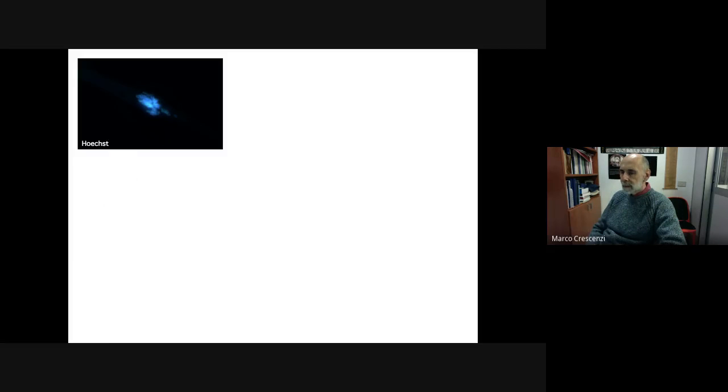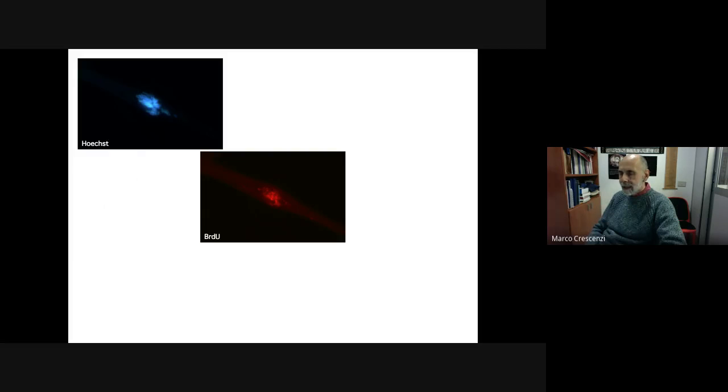This myotube has been incubated throughout the cell cycle with BrdU, so it has incorporated BrdU into its DNA. And because it's always been in the presence of BrdU throughout the cell cycle, you would expect all of its DNA to be uniformly, as we say, substituted by BrdU, meaning that BrdU has replaced thymidine.